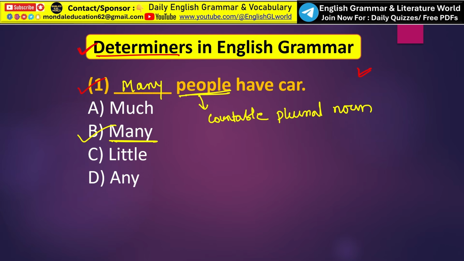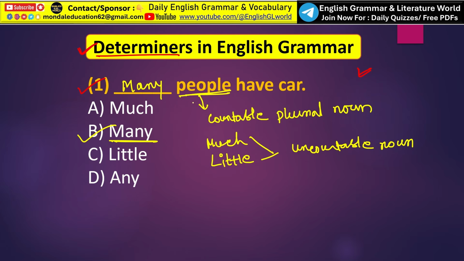Now why not the other options? This one is very important. Determiners like much and little are used before uncountable nouns. That's why much and little are not the correct answers. Now why not any?